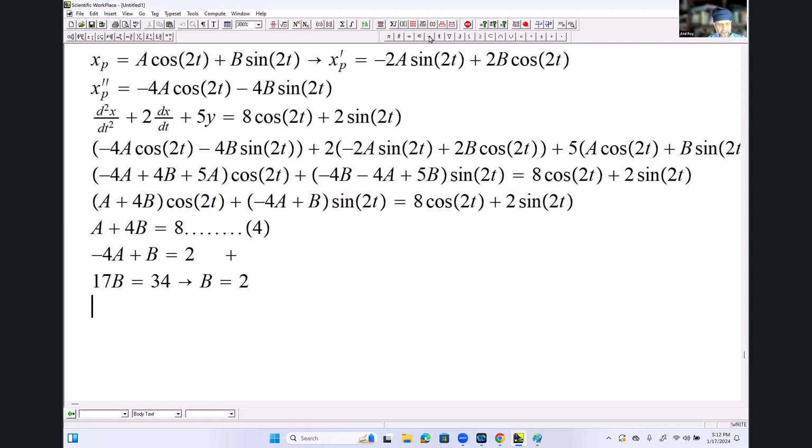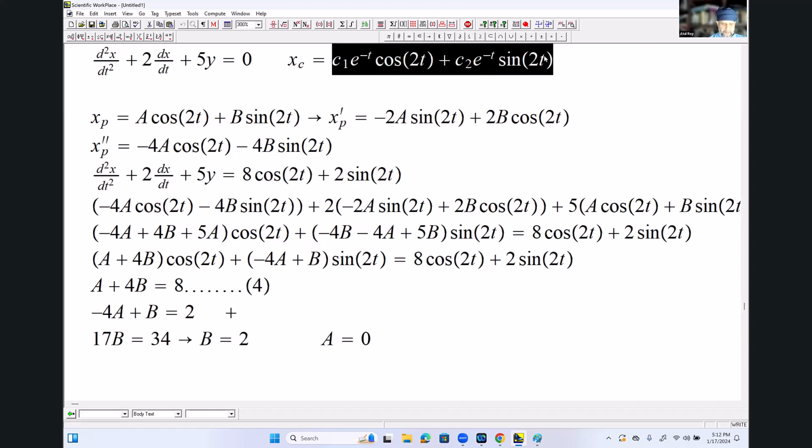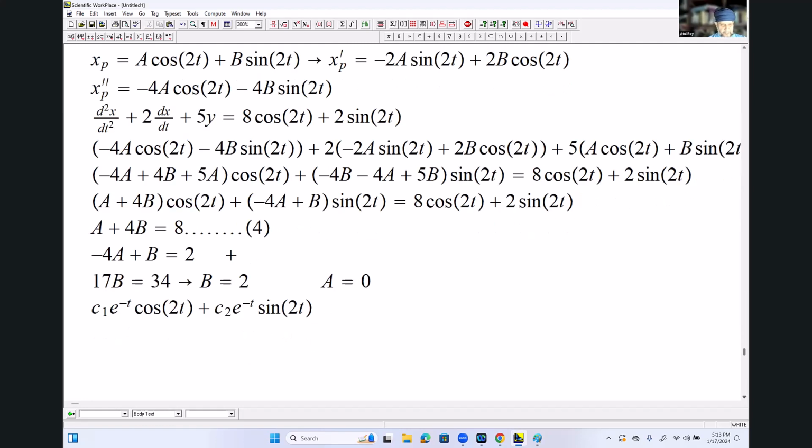And if b is 2, what does a become then? From both the equations, a becomes 0, right? So that's an interesting particular solution. That's on the top, and here we have the complementary function. Making sense?